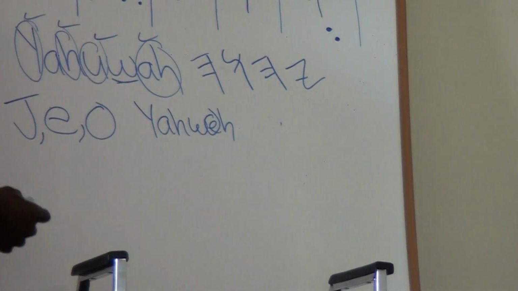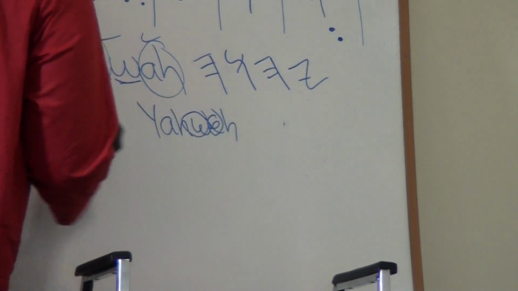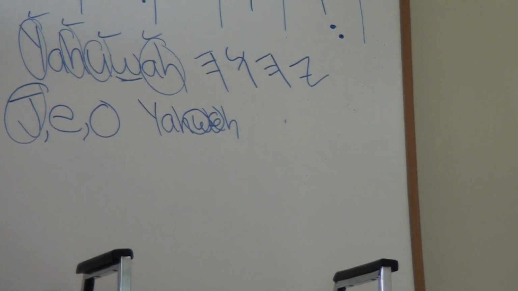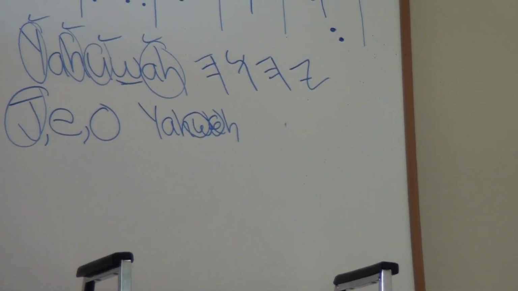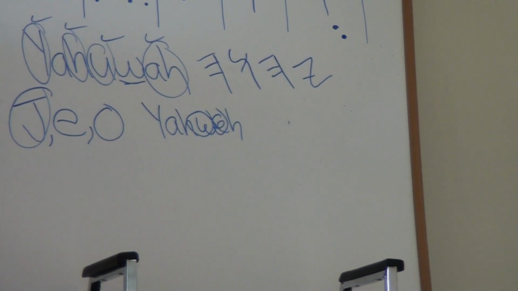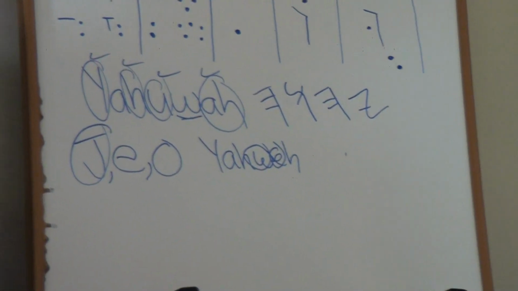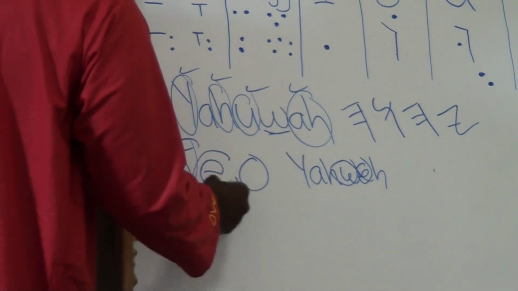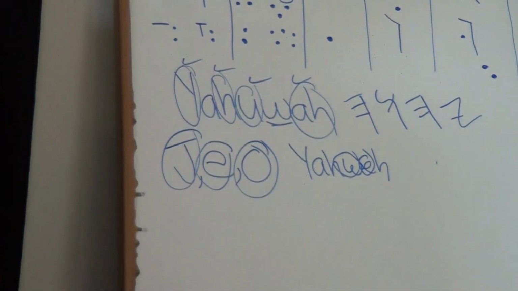There was no E's and there were no W's, just like the letter J is only about 500 or 600 years old. We have some that are saying Yahuah and a whole lot of other words, but again, if we kept the rules simple, these letters are just new to the Hebrew alphabet. That's all it is.